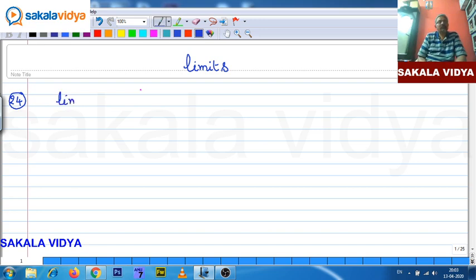Limit x tends to infinity of sin of root of x plus 1 minus sin of root x equals to.